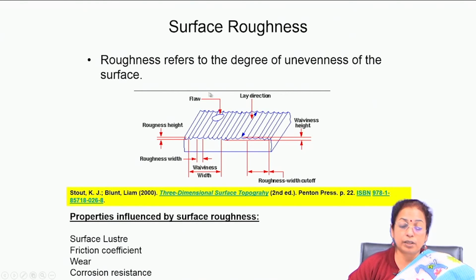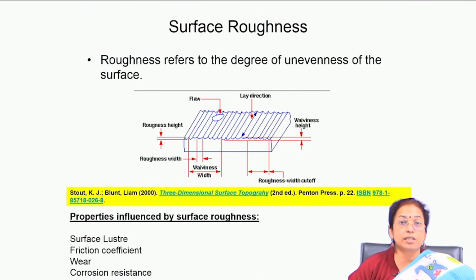If you talk about roughness and its importance, roughness is not really because of surface energy, but it is a phenomenon to some extent associated with surface energy, as you saw in the surface atomic arrangement.